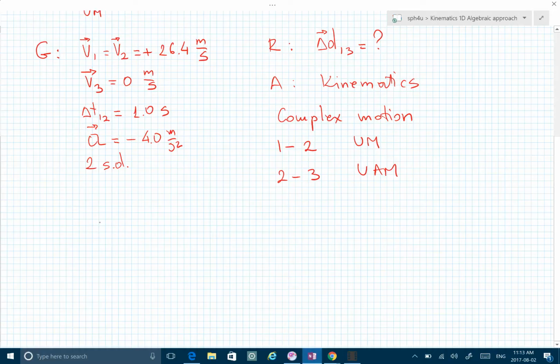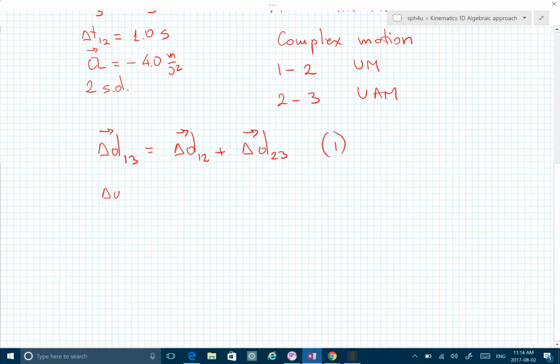We start with the equation where our unknown is involved. The displacement from 1 to 3 is the displacement from 1 to 2, when the driver is still driving at 95 kilometers per hour for that 1 second, plus the displacement from 2 to 3, when the brakes are being applied. So here's my first equation.